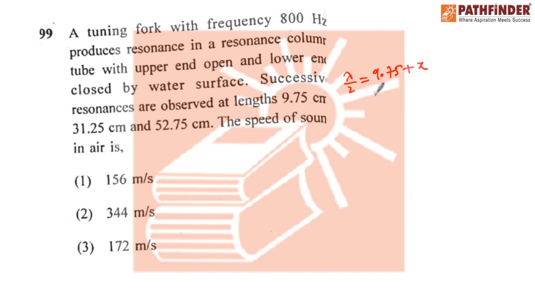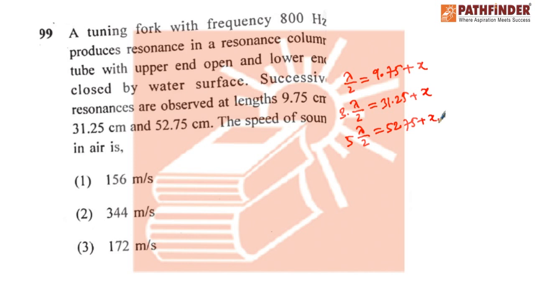Then for successive resonance, as it is one end open, the next resonance is 3 times, so 3 lambda by 2 is equal to 31.25 plus x, where x is the length of the water. And for the next resonance, 5 lambda by 2 is equal to 52.75 plus x. So these are the 3 pieces of information given.